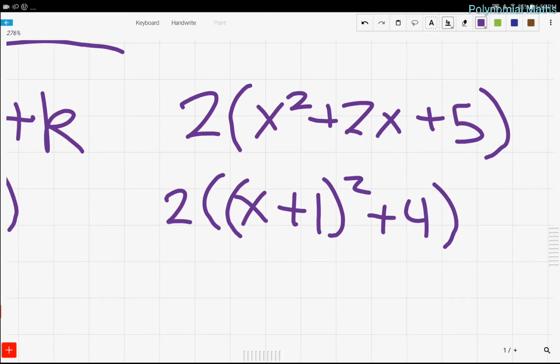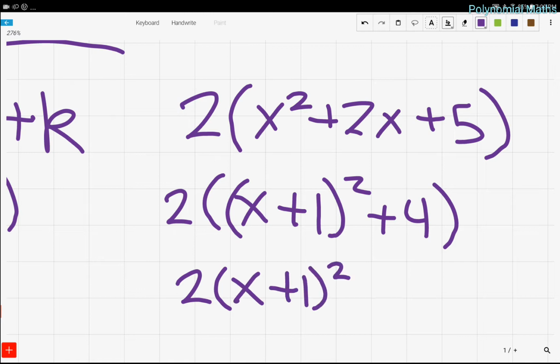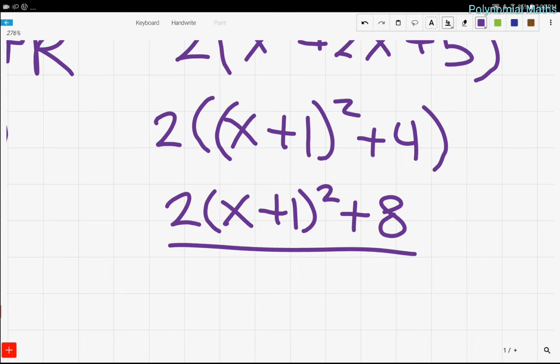So this is how you complete the square. Right here, we have a completed square. And from here, we can multiply the 2 back in, and we get 2 times (x plus 1) squared plus 8. And we've successfully completed the square. And this vertex is (negative 1, 8).